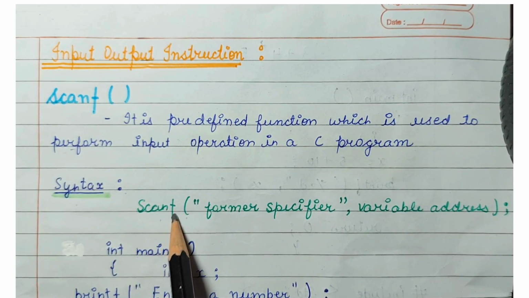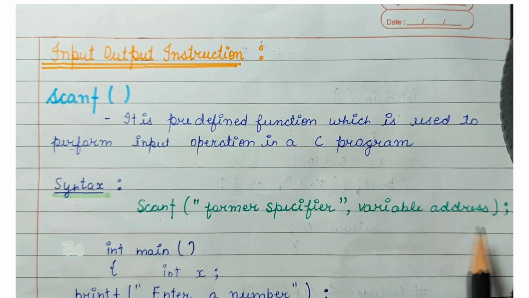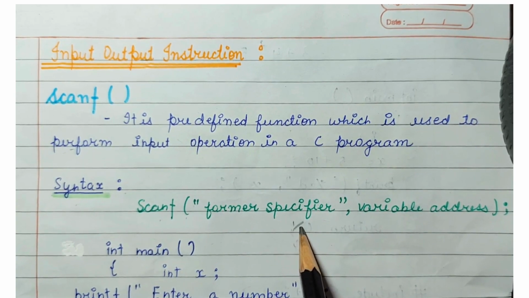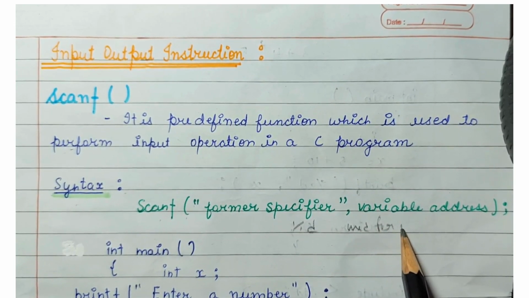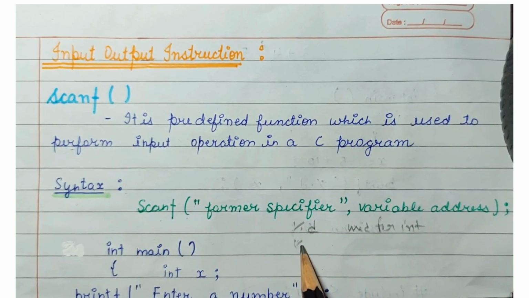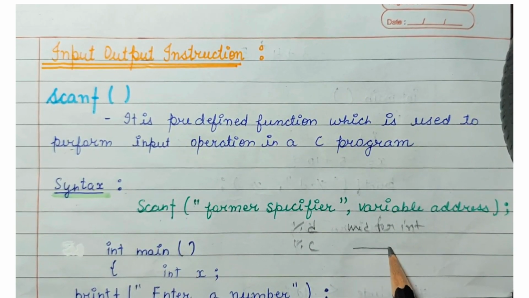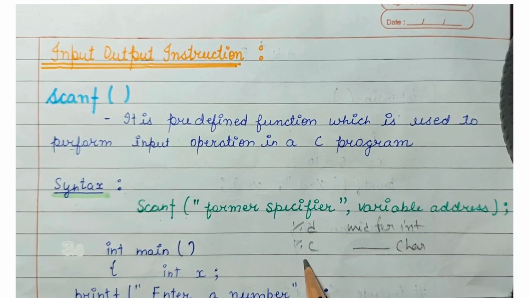So after scanf include round brackets, then include double quotes. Inside the double quotes include a format specifier, like %d used for int, %c used for character, %f used for float data type. These things we covered in the previous session.